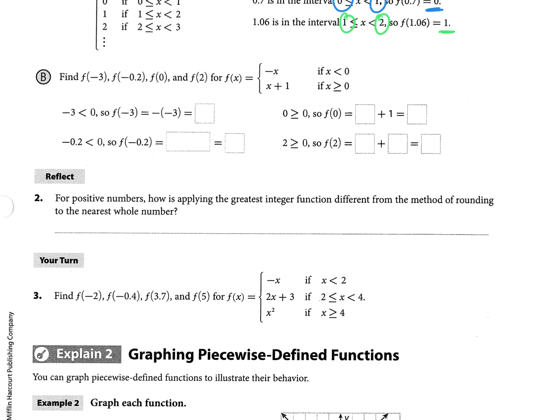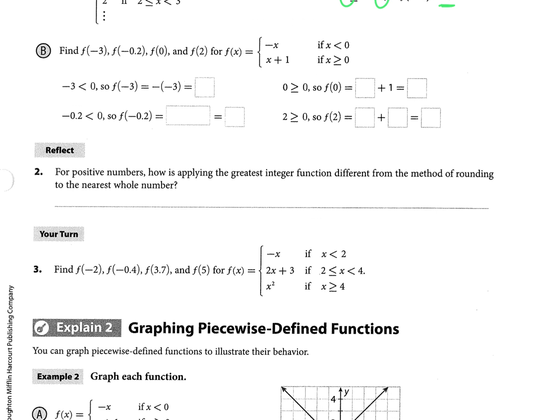Now we have a different set of piecewise functions. It says if it is below 0, we use this function, and if it is 0 or above, we use this function. So since negative 3 is below 0, we have to plug it into the green function.